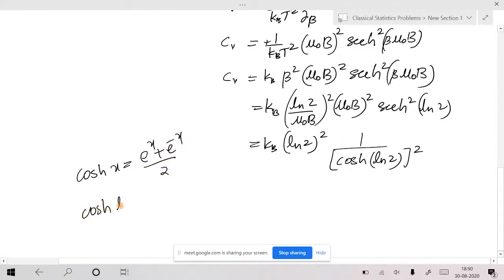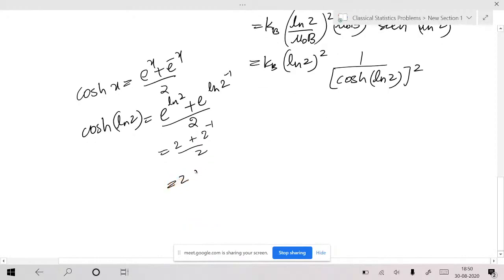So cosh of ln of 2 is equal to e power ln of 2 plus e power minus ln of 2, divided by 2. e power ln of 2 you can write as 2, e power minus ln of 2 you can write as 2 power minus 1, whole divided by 2.